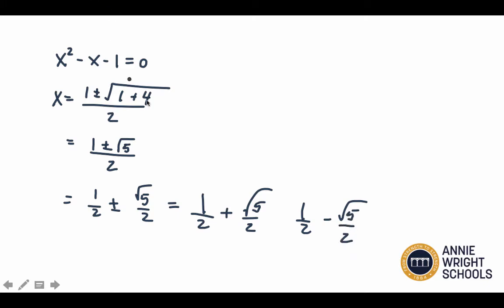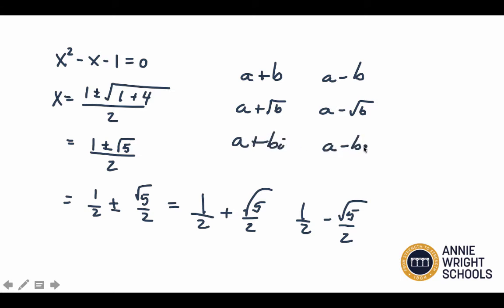Every answer that involves a radical or an imaginary number with the quadratic formula that you've seen so far is going to look like this. And another way to write this is a plus b and a minus b. Sometimes they'll write it a plus the square root of b and a minus the square root of b. Or sometimes they'll write it a plus bi and a minus bi.